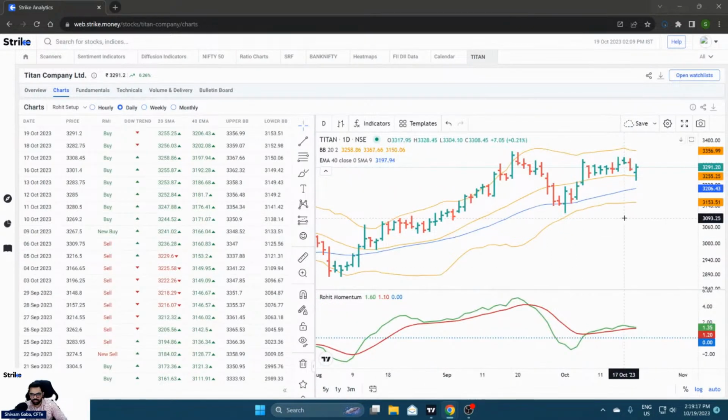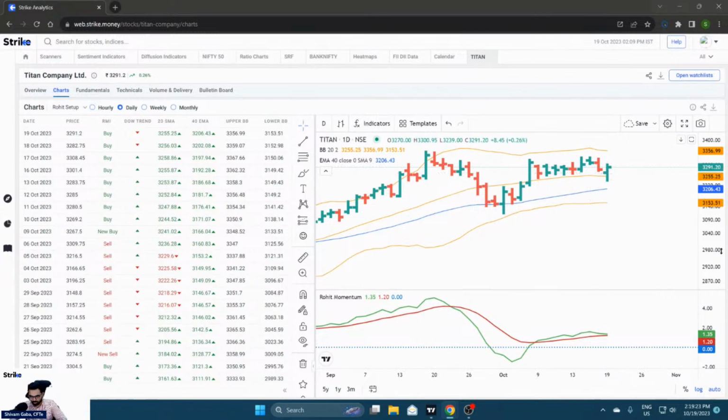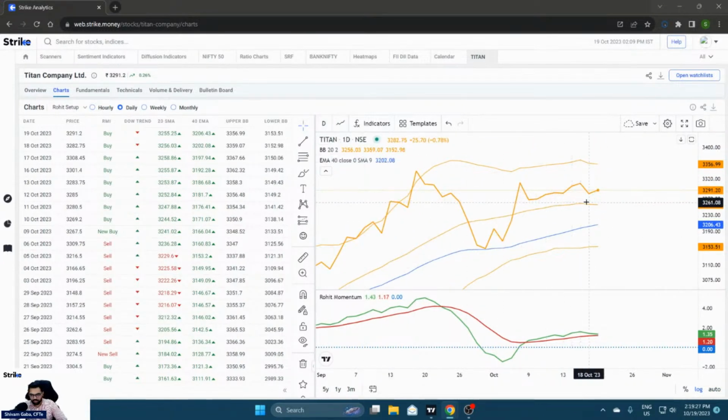In daily, the Dow trend is actually still not bullish because it did make a lower low on closing basis. If we view it on a line chart, then yesterday's close was below this close. So the Dow trend will get bullish only when this high is crossed.